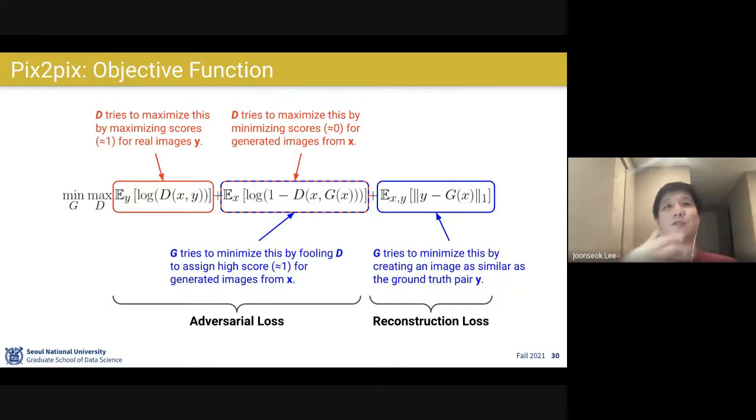It just outputs some real-like image, memorizes that, and always outputs the same image. But still, the discriminator will say, okay, this is a real image in this domain. But with this loss, we can force the generator to follow the semantics of the input in X.